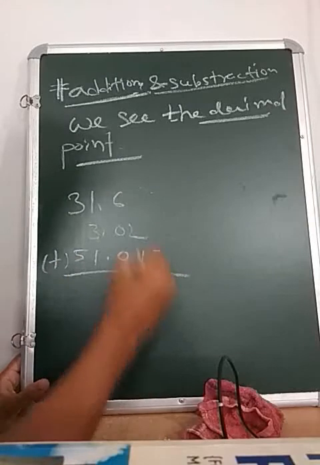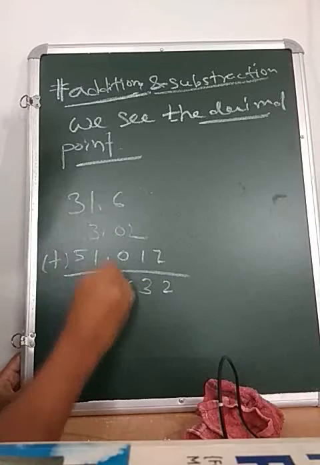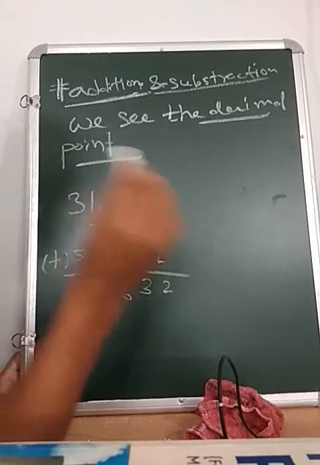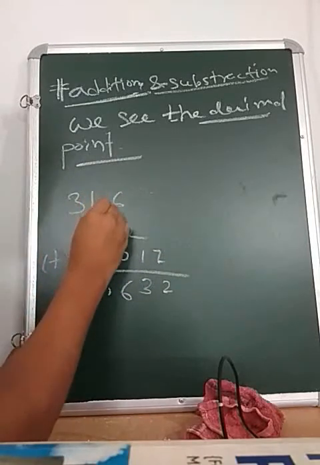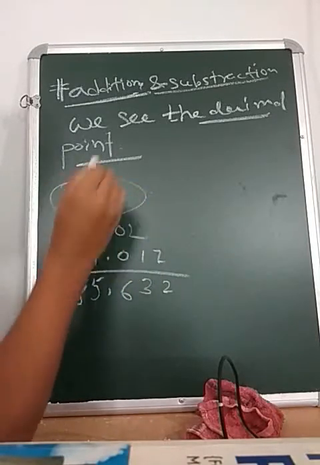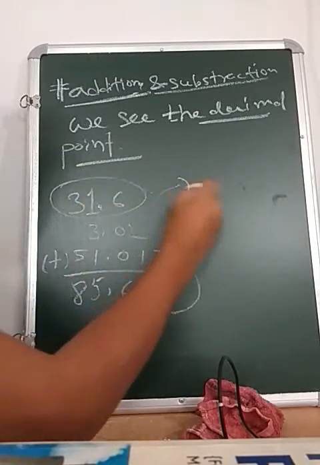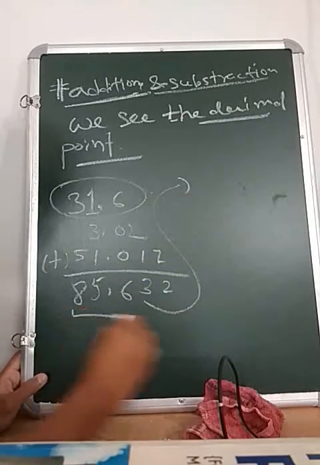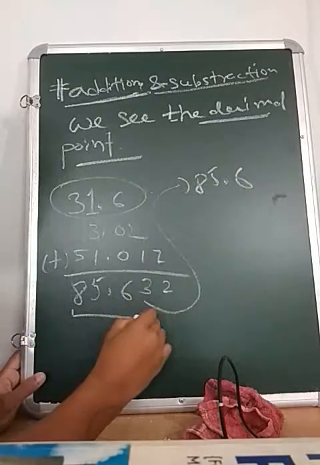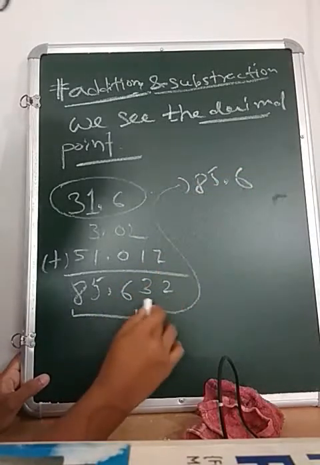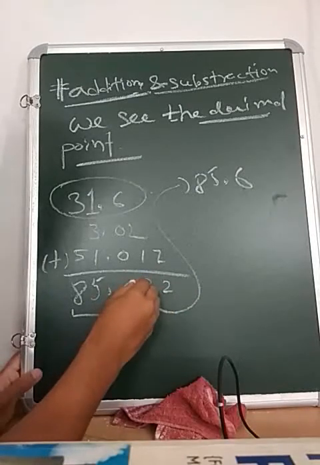After addition we get 85.632. What is the number with the least decimal point? This is the number with the least decimal point. So what will be the answer? 85.6. Here a 3 is present, so we do not need to add 1 to the preceding digit.